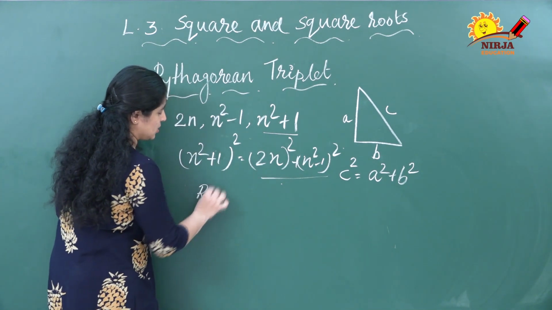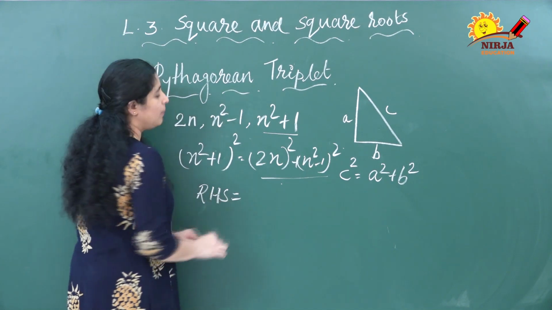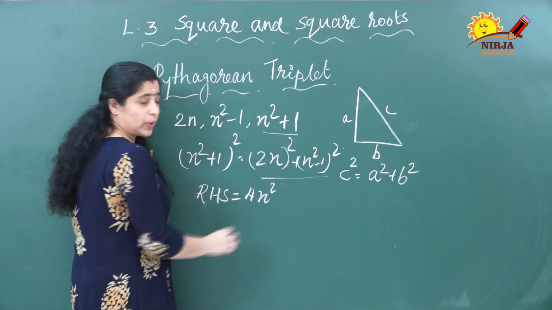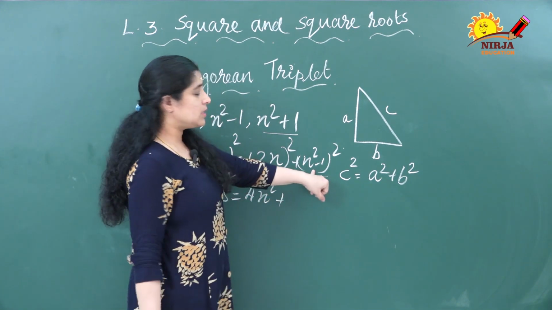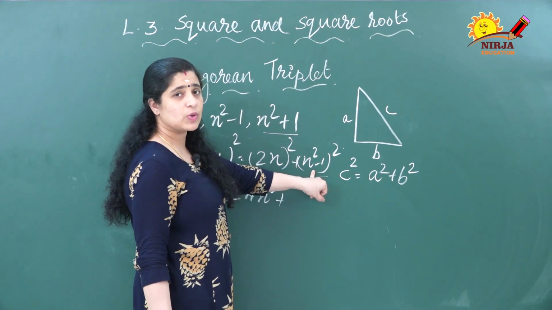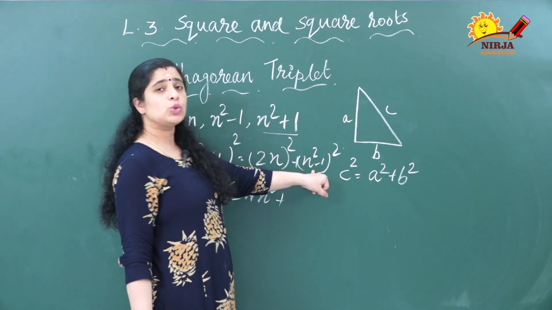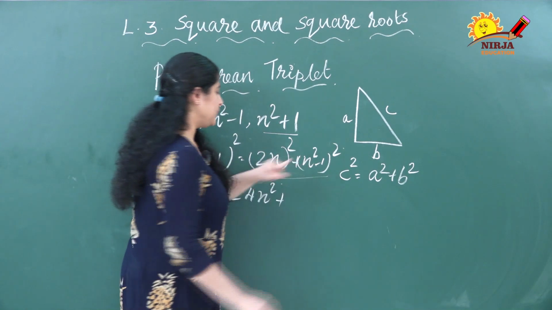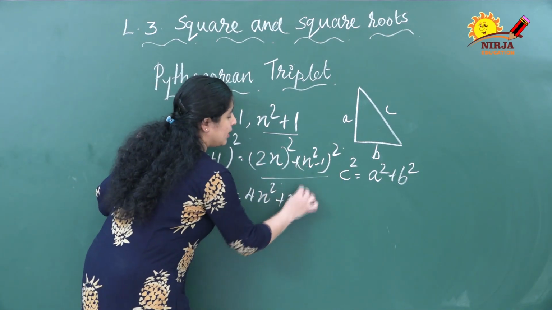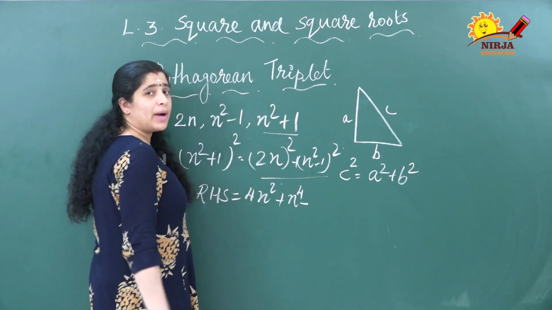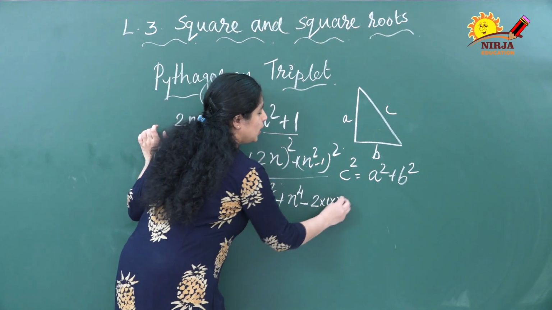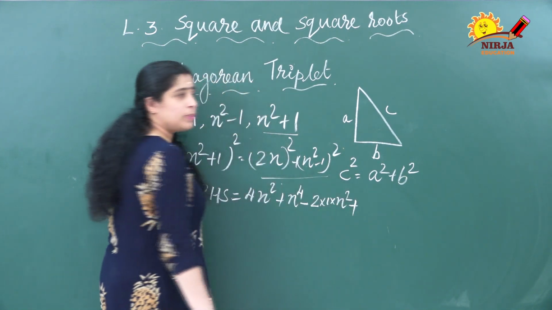Taking the RHS, (2n) square means 4n square, plus (n square minus 1) square. This is in the form of (a minus b) whole square, which is a square minus 2ab plus b square. So the square of n square will be n raised to 4, minus 2 into 1 into n square, plus b square.